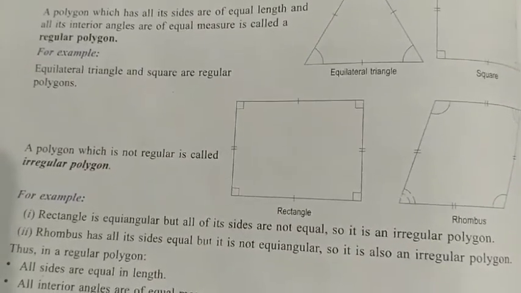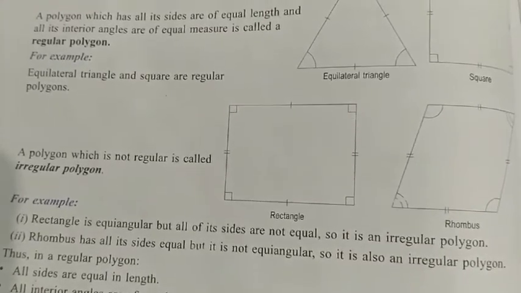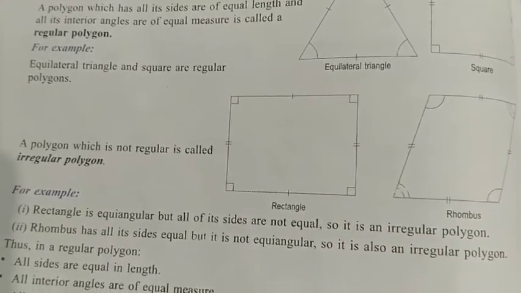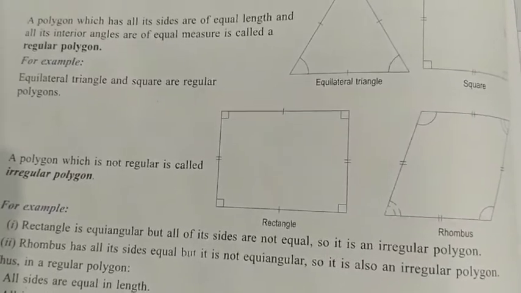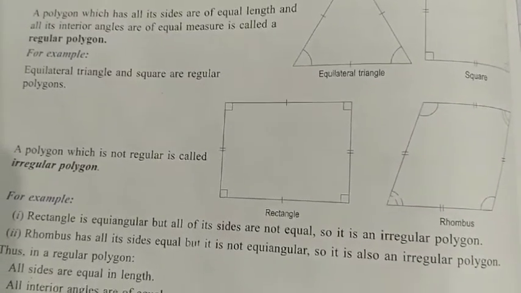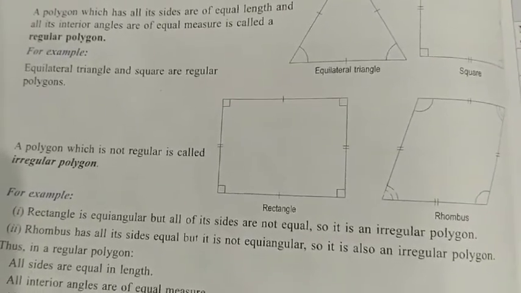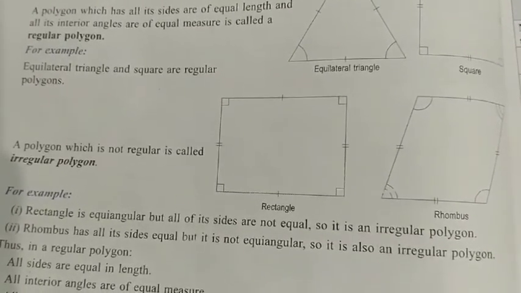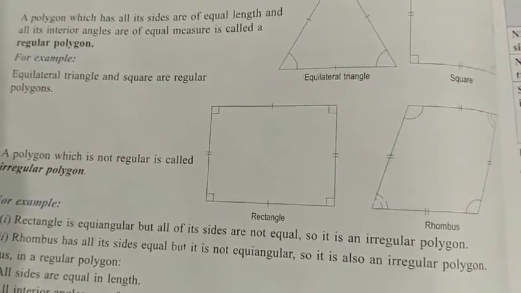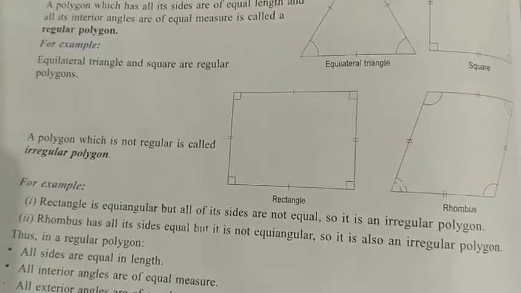A rhombus has all its sides equal but it is not equiangular, meaning all angles are not equal. So it is also an irregular polygon.